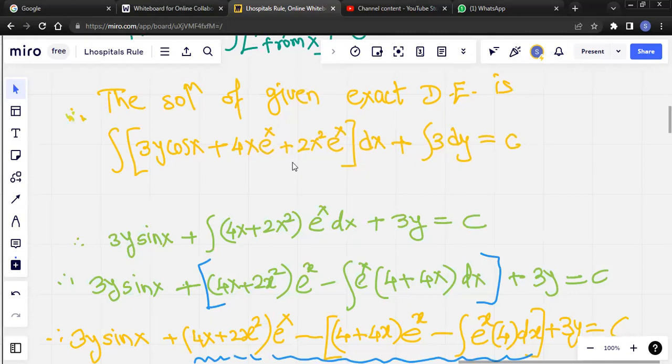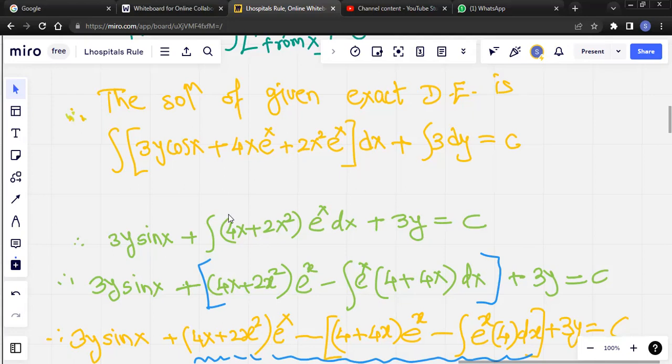For the time being, from these two terms we have taken e^x common. Inside the bracket we have 4x plus 2x^2. It becomes 3y sin x plus the integral of (4x plus 2x^2) e^x dx plus the integral of 3 dy. With respect to y we integrate, so this will be 3y, and the right side is constant.